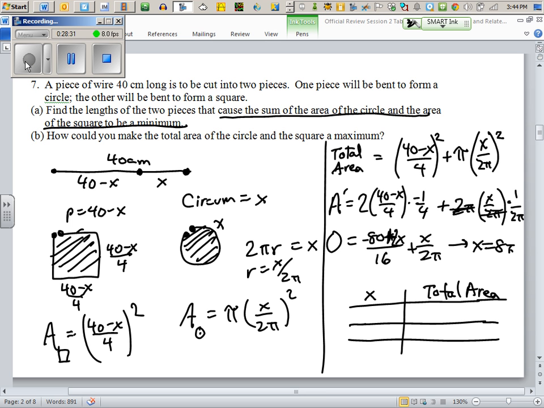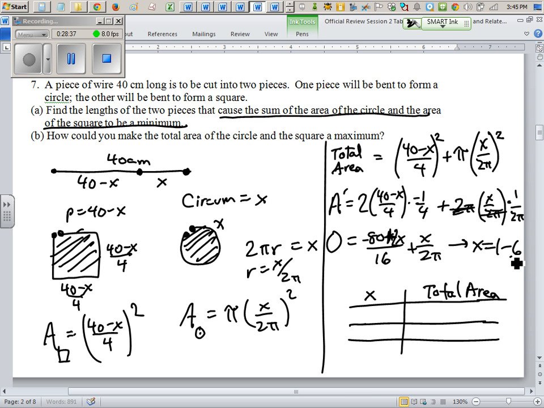Mr. Shannon, sorry, I recalculated 17.6. Thanks for catching that distribution error. Okay, 17.596 technically. So you're definitely going to be testing that value of x. 17.596 is a candidate for a minimum. It's not necessarily a minimum.